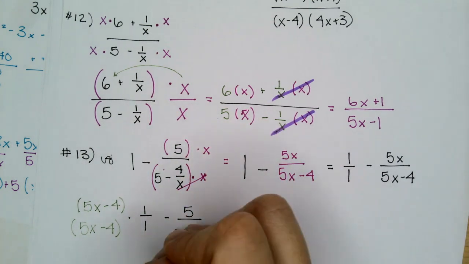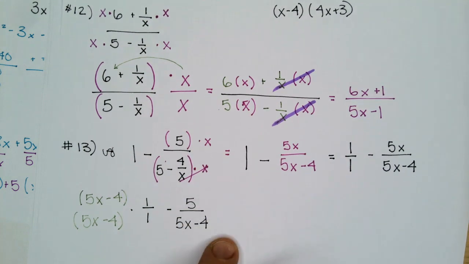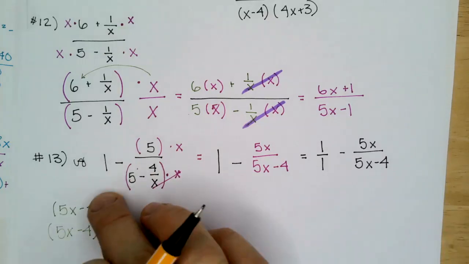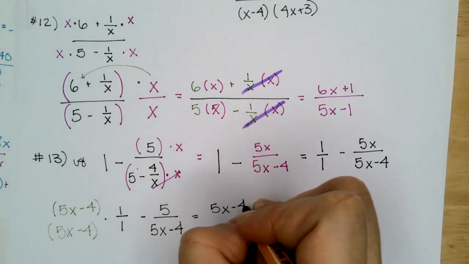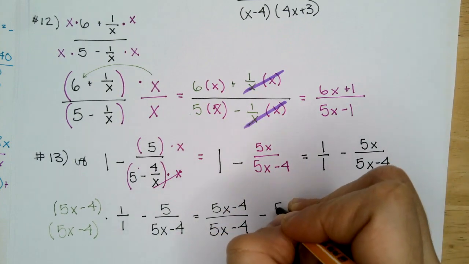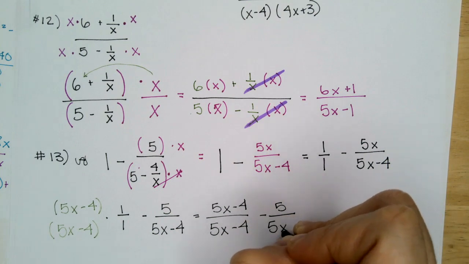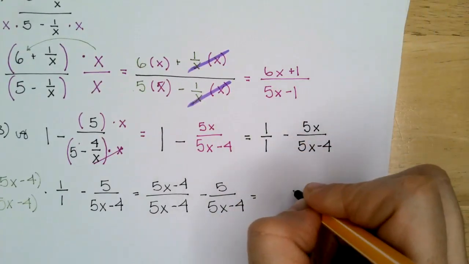And then over here, it's like, oh, I should multiply it by 1, but that keeps the value. So this is really the only one we need to change. So that becomes 5x minus 4 over 5x minus 4 minus 5 over 5x minus 4. Now that they have the same denominator, you can put all of the numerator on top.